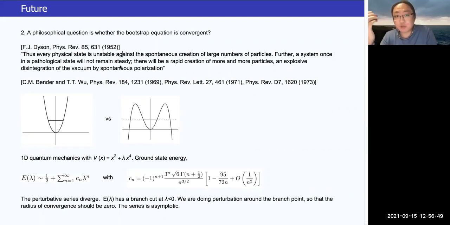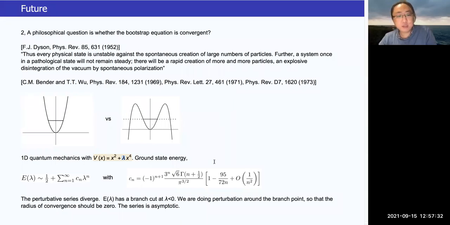Actually, this can be made concrete for quantum mechanical systems. If you consider a potential of this form, with x squared and some lambda, and you consider the ground state energy of this system, and you do a perturbative calculation, you get the ground state energy as a series in this perturbation, and you actually realize that this perturbation series is divergent. That's essentially because at negative lambda, this physical quantity has a branch cut, and there's a small imaginary piece which comes from the decay of the ground state.